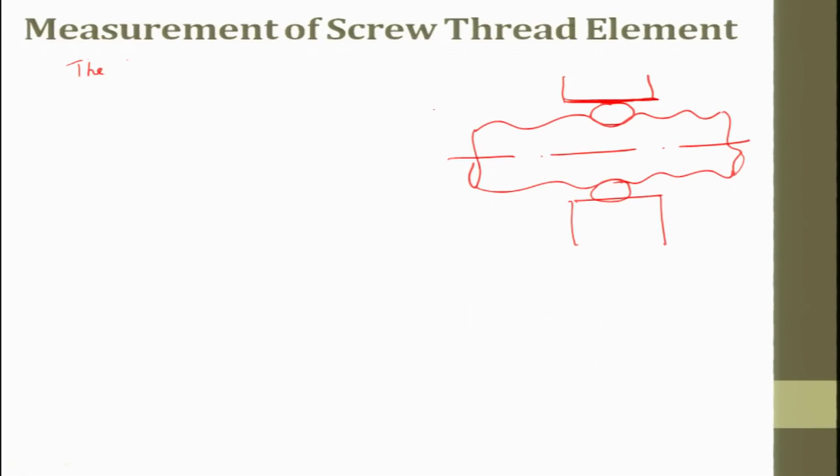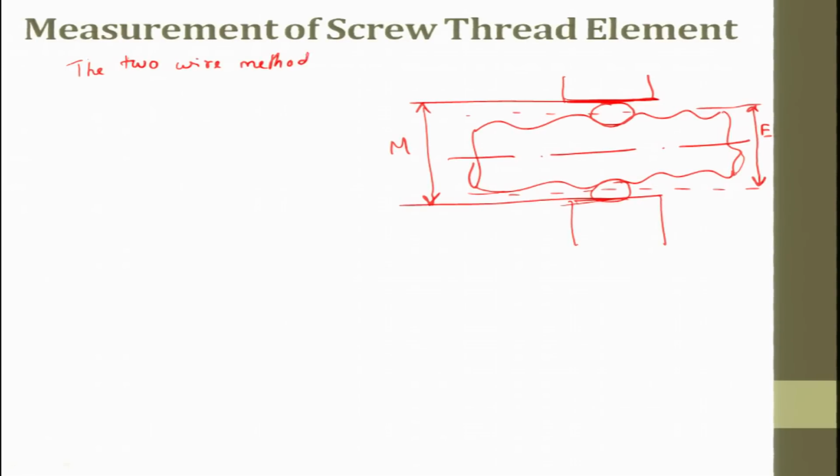The distance between this and this is called M. The distance between the center of this and the center of this is called E. In the two wire method, the diameters are identical.